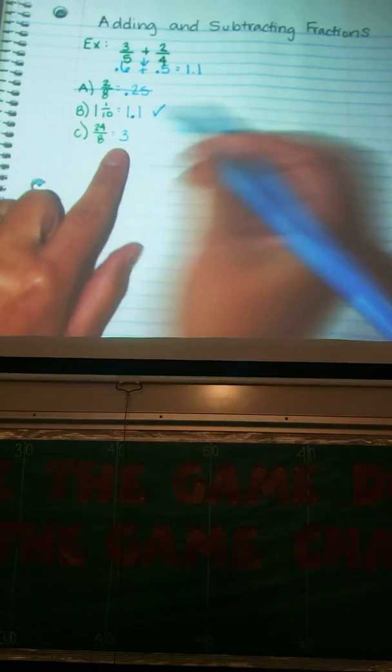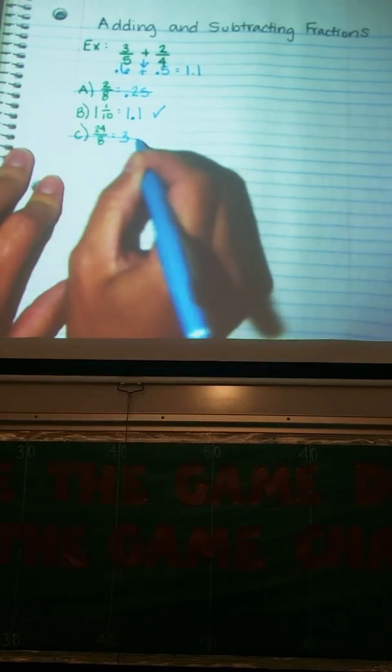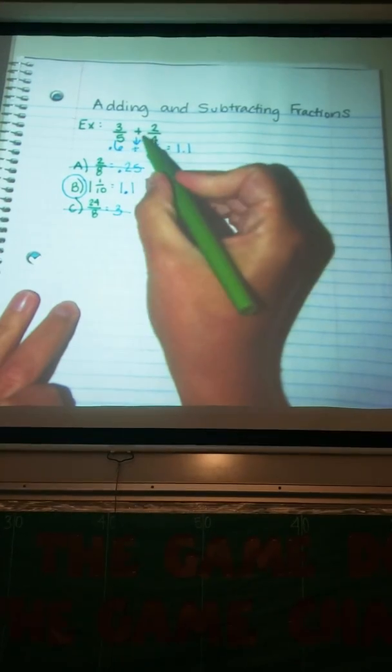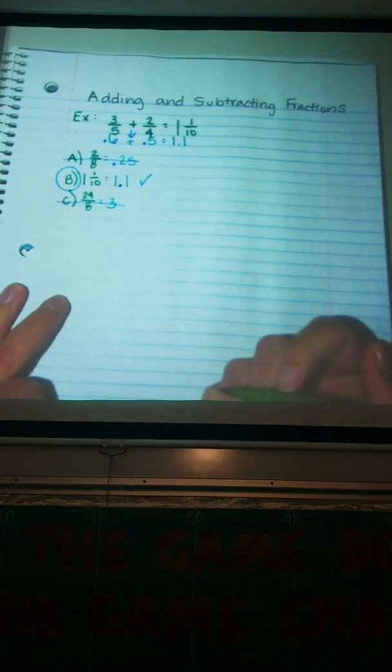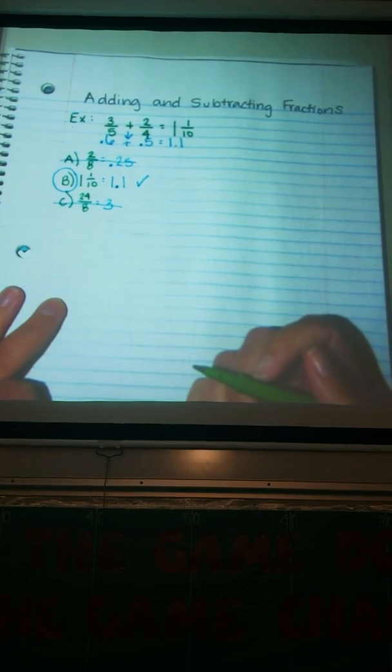Nope, not at all. So I'm gonna go ahead and cross that one out. So you know for sure that your answer is B. So you know 3/5 plus 2/4 equals 1 and 1/10. You did it all using decimals.